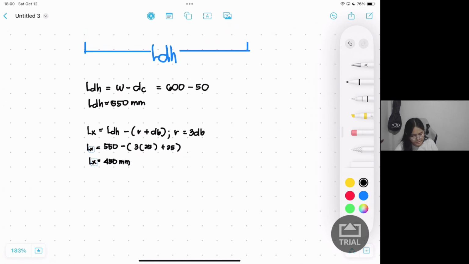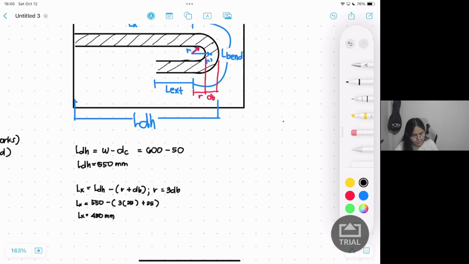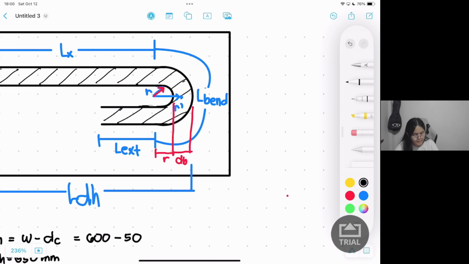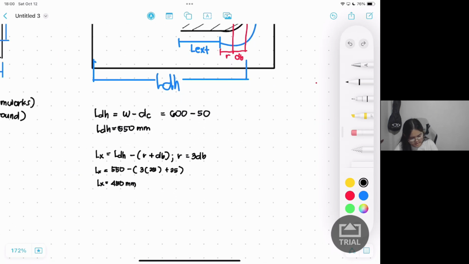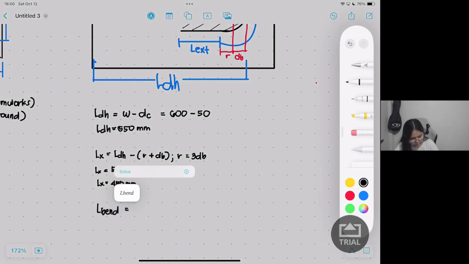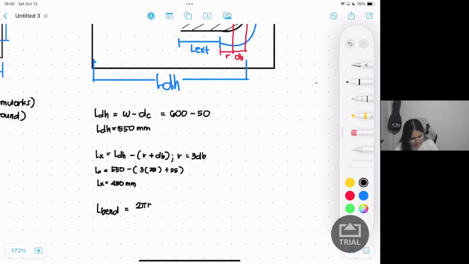Okay? So, next, compute na natin ngayon yung Lbend. Okay? So, that is Lbend ay 2 pi r prime divided by 2.